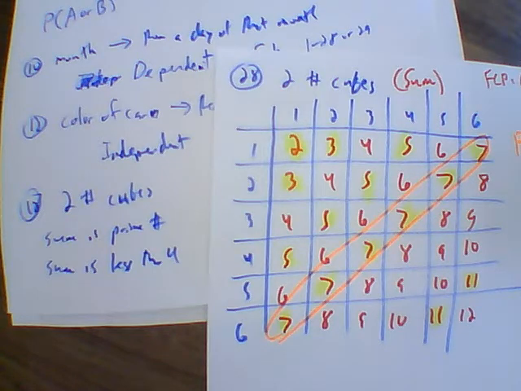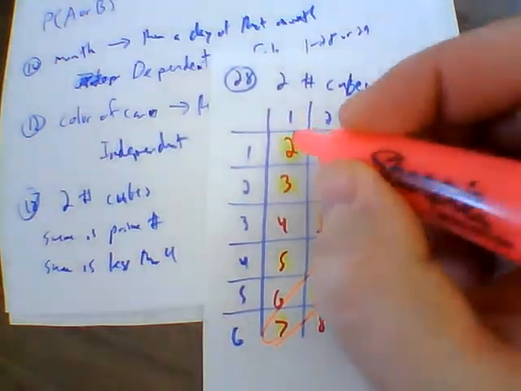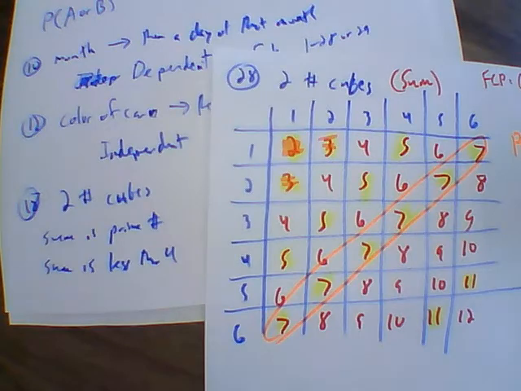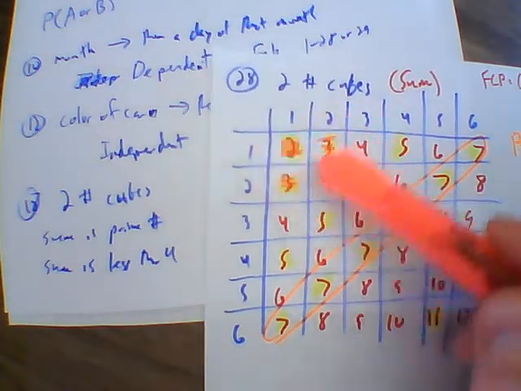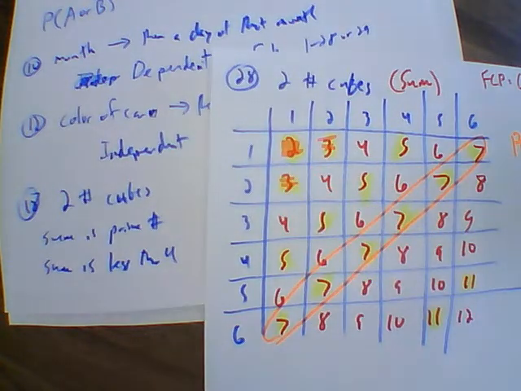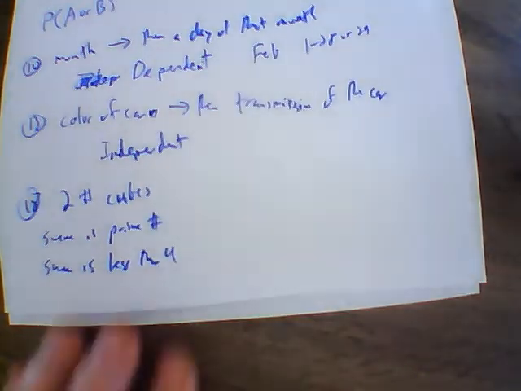And now, if we come with a different highlighter, it says the sum is less than 4. So less than 4 would be 2, 3 right here. If you notice, I highlighted these twice. So we see that that possible outcome is coming in both of our cases.